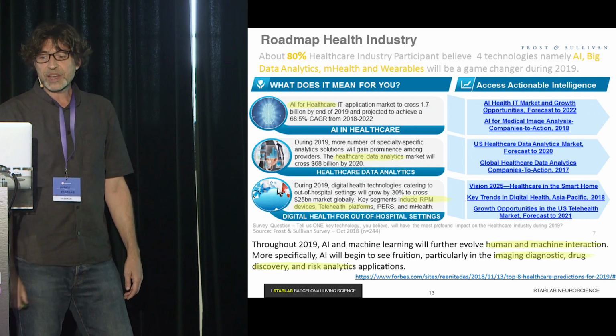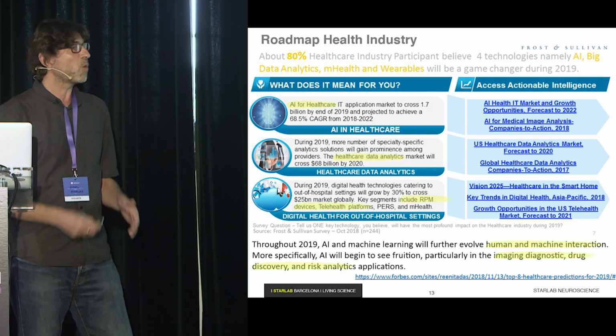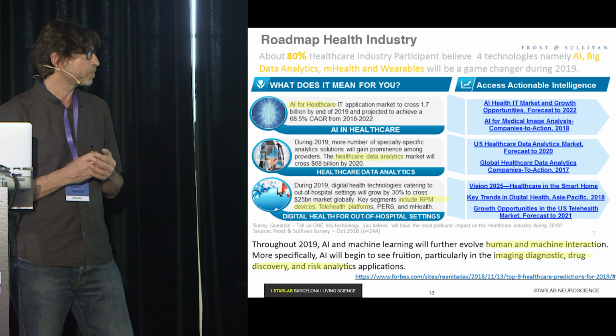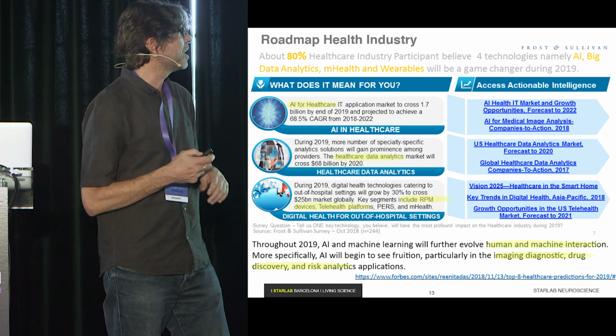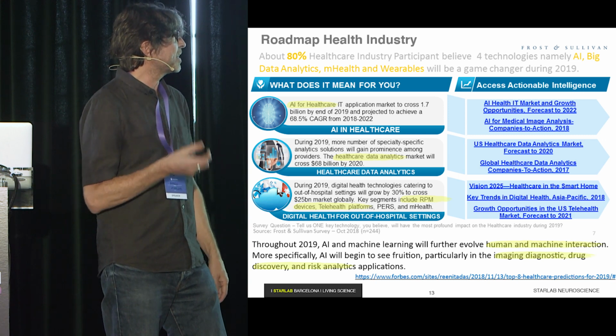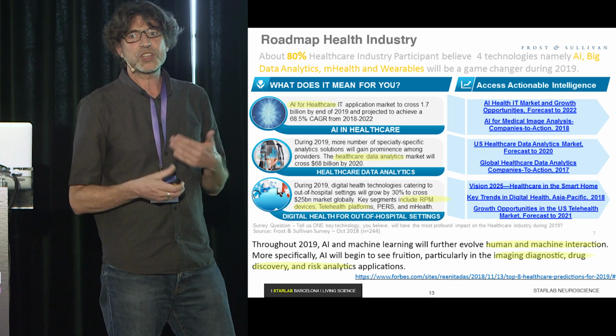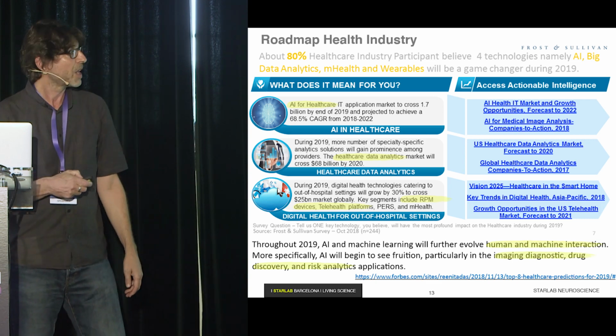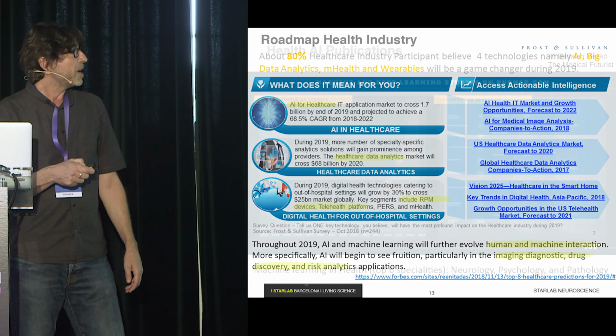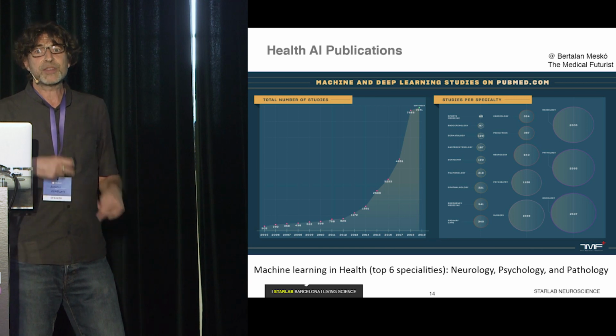This is maybe the reason why the magazine Forbes was forecasting that in 2019, artificial intelligence, big data analytics, and related technologies will have a very profound impact in healthcare. Not only from the business point of view, but also from the scientific point of view.